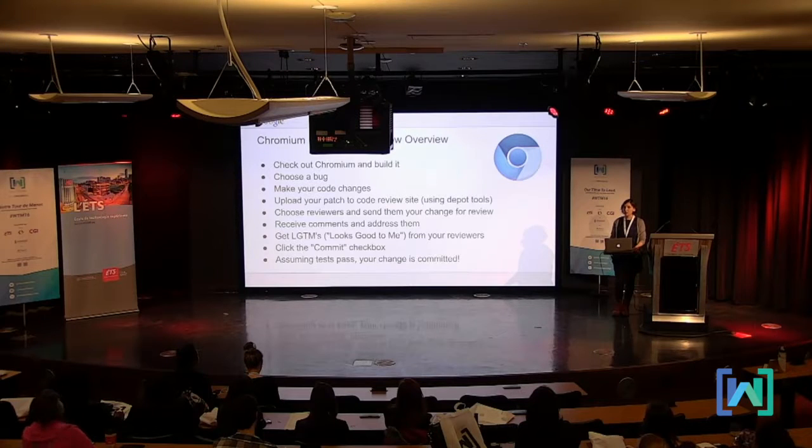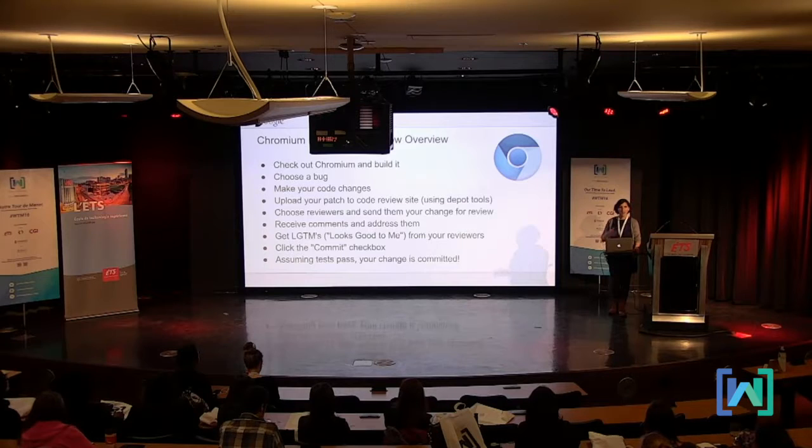I think the maximum I had was around 20 back and forth with different reviewers. It can get a bit long, but I still find it very useful, especially since I'm the person who chooses reviewers. I know from whom I want to get feedback, and it usually improves my code tremendously.